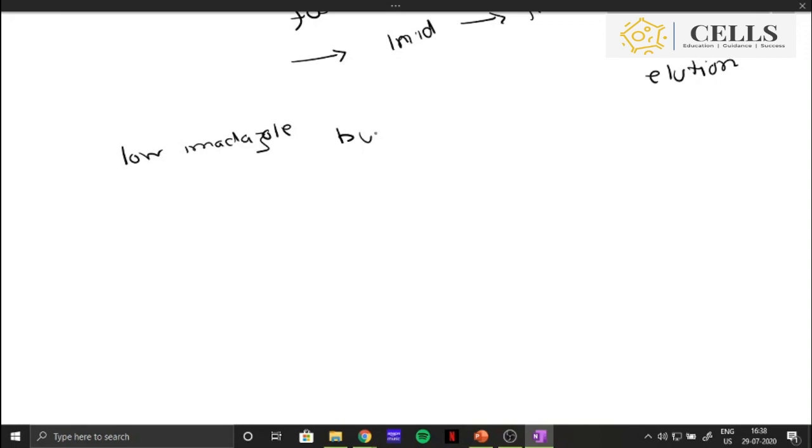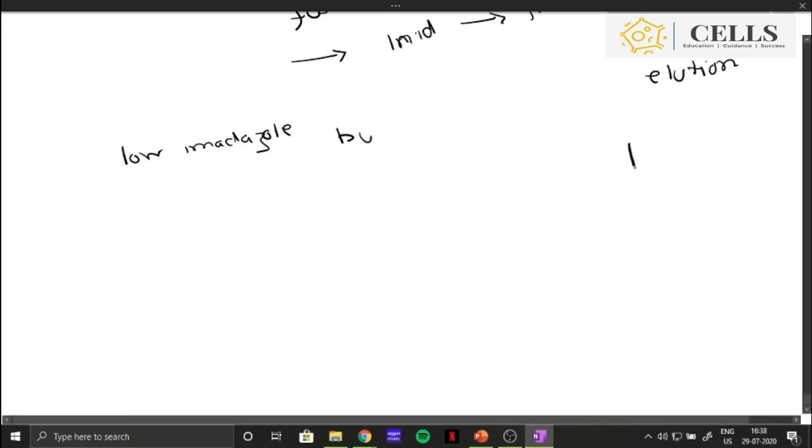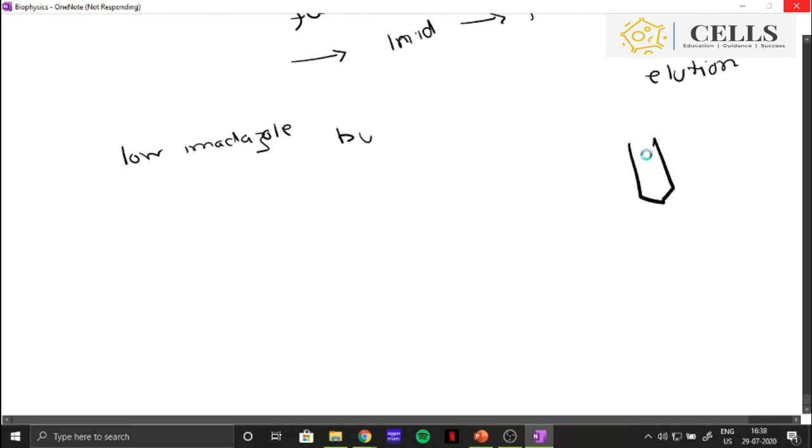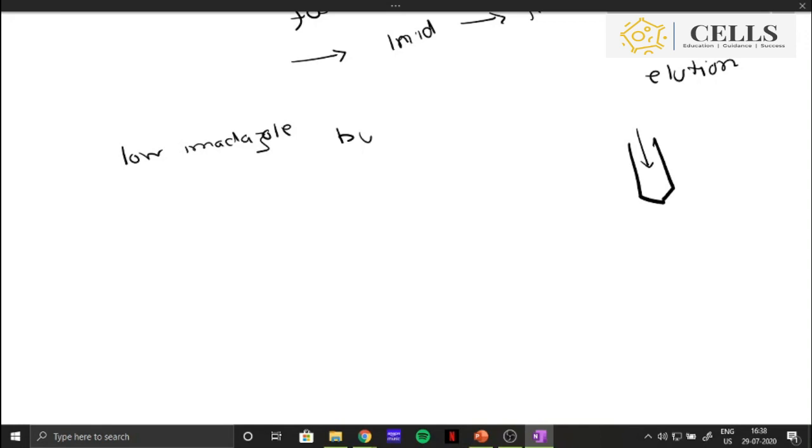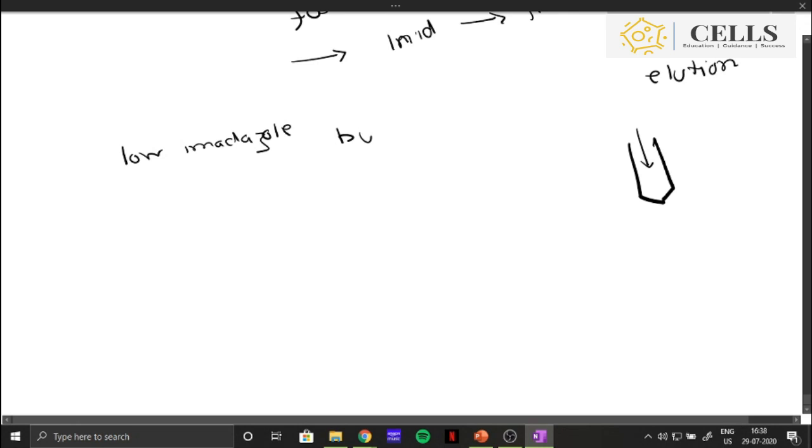Firstly you can dry it out, but there is one problem: this is a column, and once you dry out the water, the resin also dries out. You have to have some solute always present inside. When you are preserving the column also, you put in 20% alcohol.